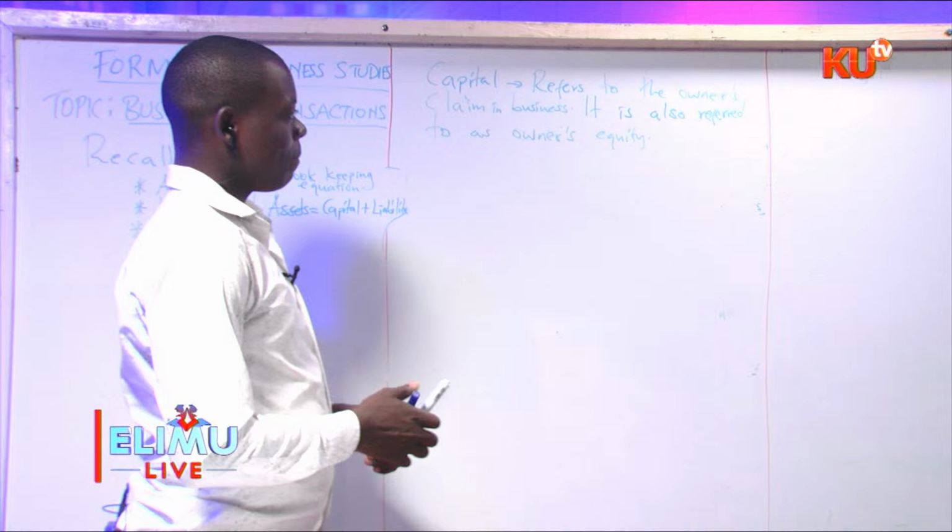Again, we give the records of current assets, for example debtors, stock, cash in hand, cash at bank, and so on. Then we get the total for each side.